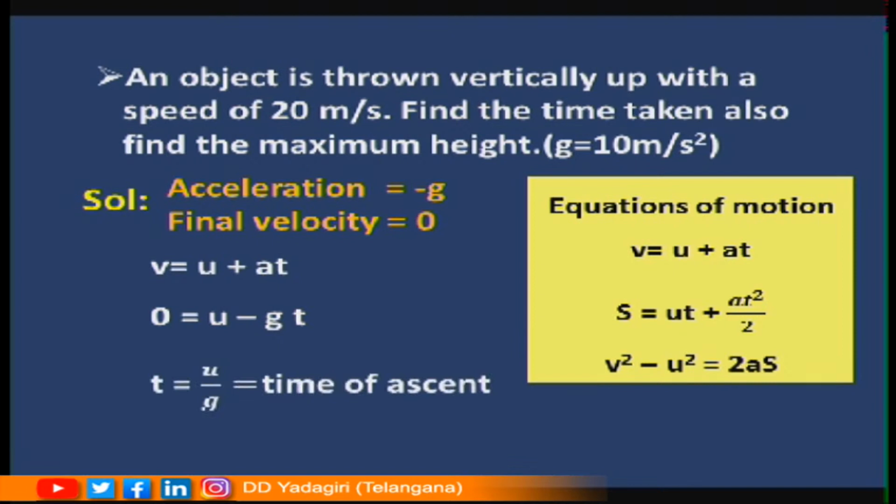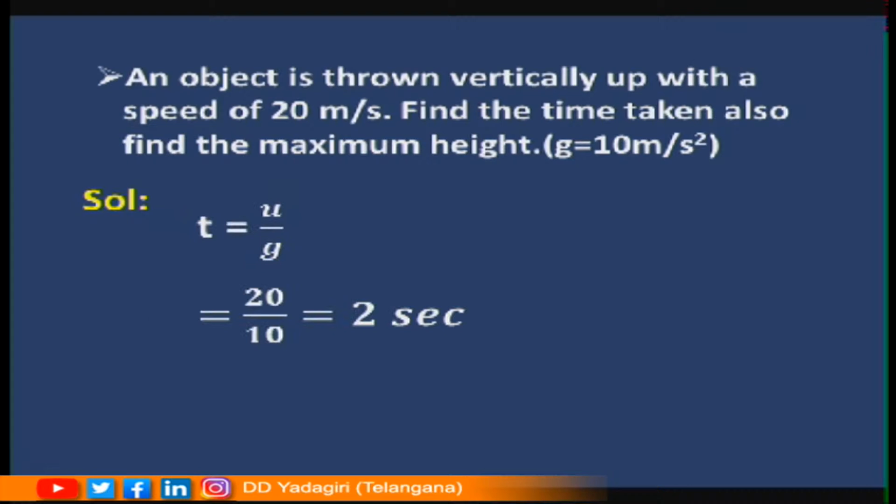So, t is equal to u by g. This is called time of ascent, the time taken by the object to reach the maximum height. So, let us calculate. t is equal to u by g. Substituting the values, 20 by 10 equal to 2 seconds. So, the object takes 2 seconds to reach the maximum height.